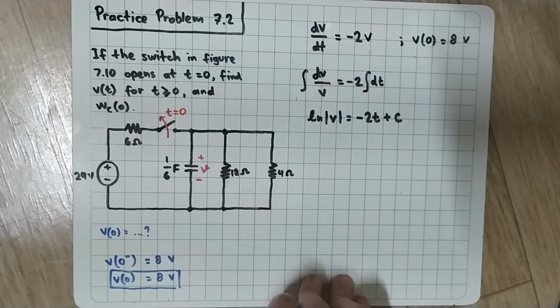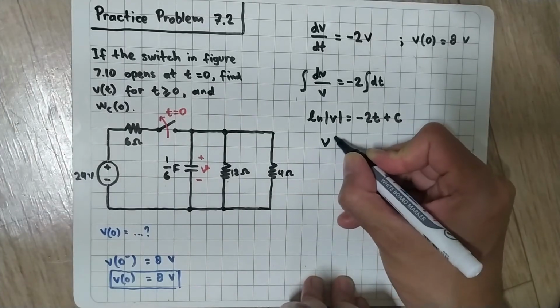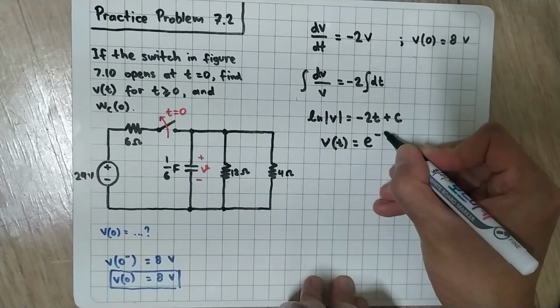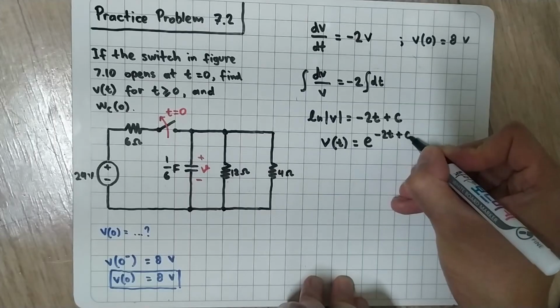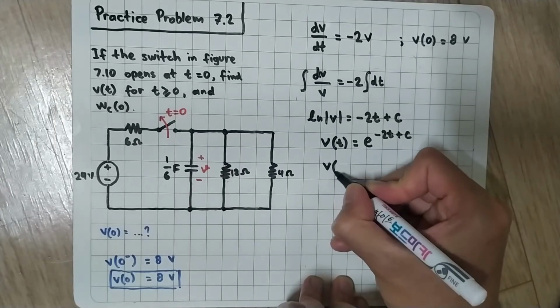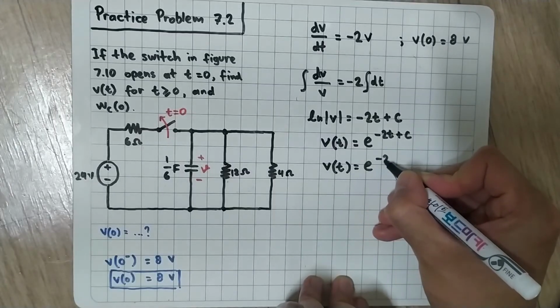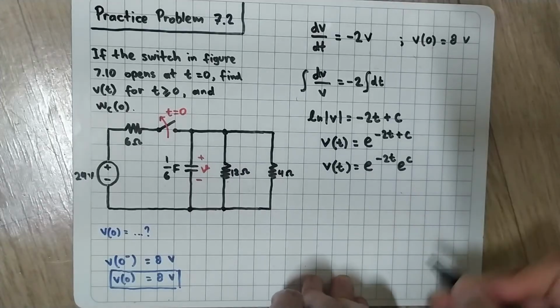Okay. Now I will have v of t is equal to e to the minus 2t plus some constant, or we can rewrite this as v of t is equal to e to the minus 2t times e to the some constant.